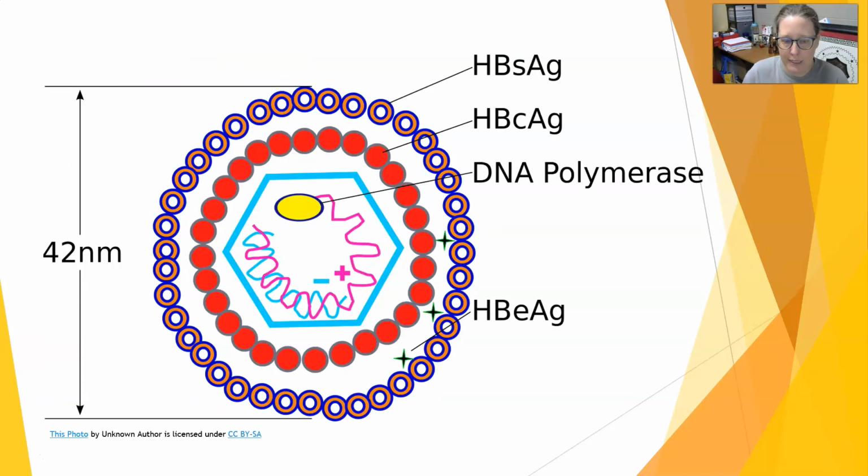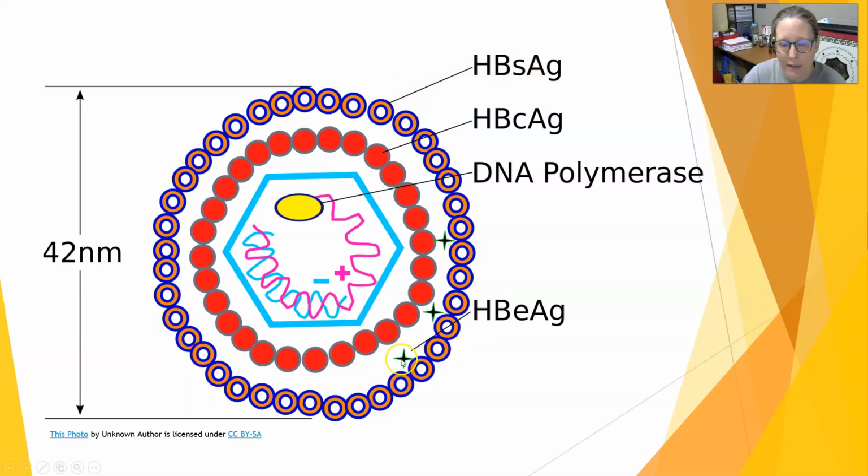So here is a diagram of what hepatitis B looks like, and this is going to be relevant when we talk about hepatitis B testing. So the inside of the viral particle, you have the DNA, the hepatitis B DNA, and it is wrapped in capsomeres, which is going to be hepatitis B core antigen, and then that is wrapped in an envelope, and that envelope is going to be the hepatitis B surface antigen.